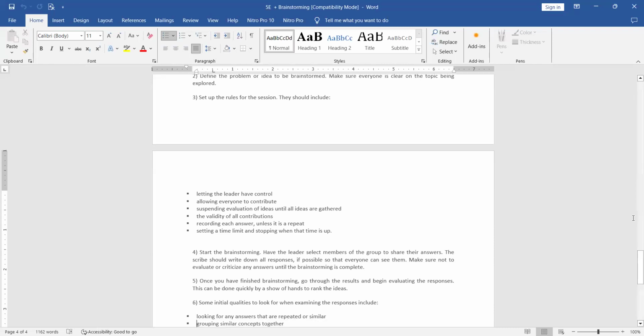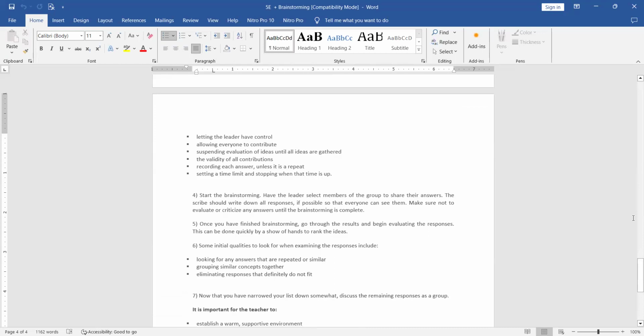Yes, ma'am. So start the brainstorming, have the leader select members of the group to share their answers. The scribe should write down all responses, if possible, so that everyone can see them. Make sure not to evaluate or criticize any answers until the brainstorming is complete. Once you have finished brainstorming, go through the results and begin evaluating the responses.